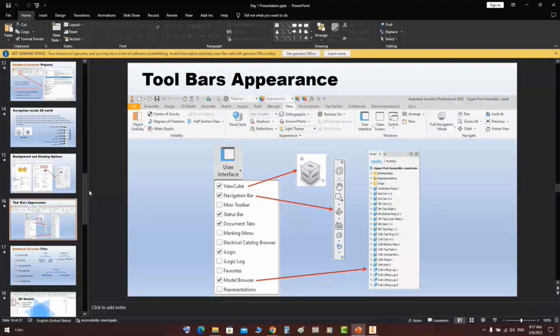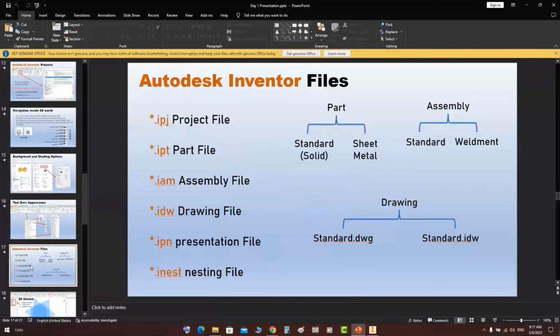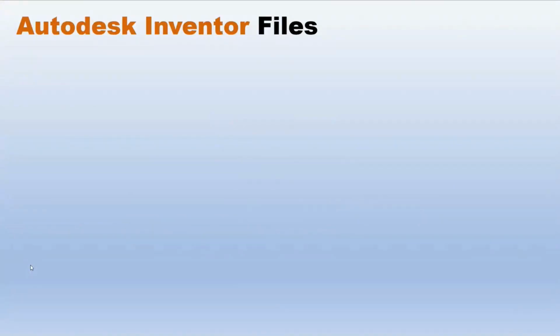Okay, let's go to the next step, which is the files that Autodesk Inventor deals with. The first part is the IPJ extension. As discussed, to create a new project, you will generate an IPJ file. This file will indicate the project location, the project name, all of that. If you have an old project, you will have this extension file, so you can browse to it.